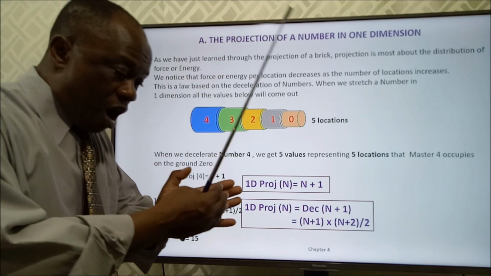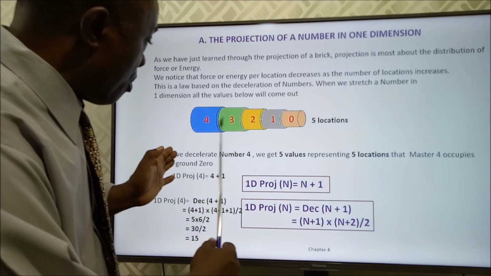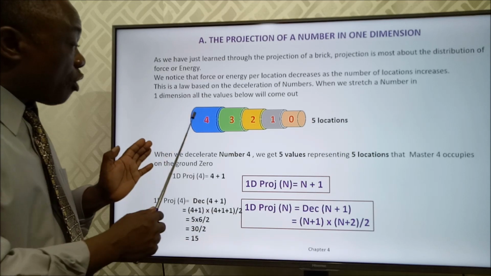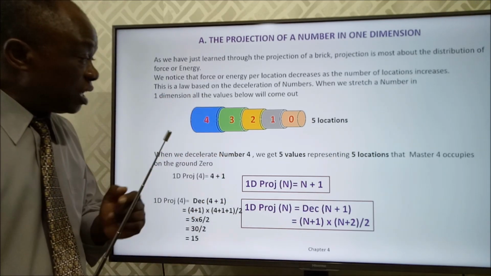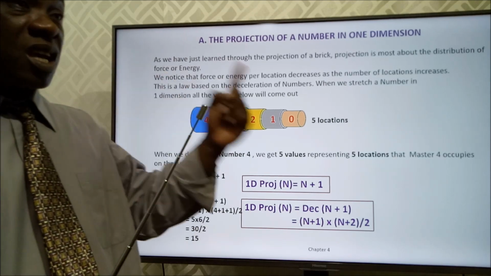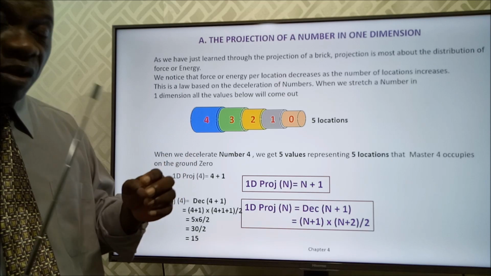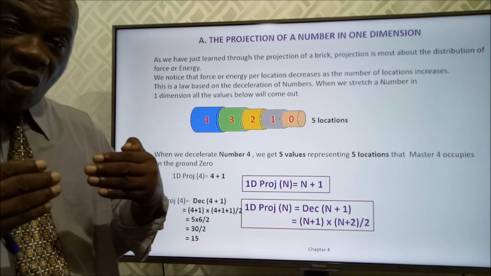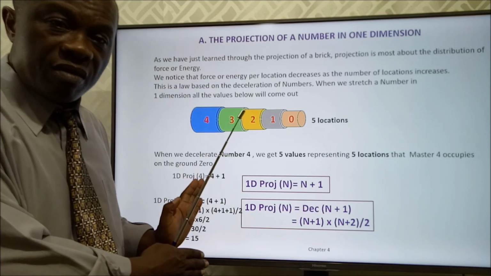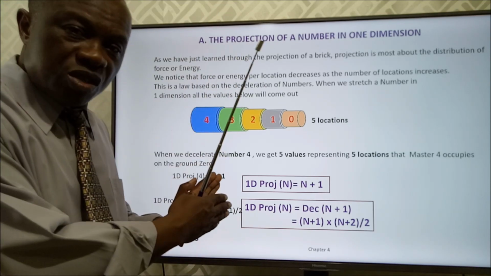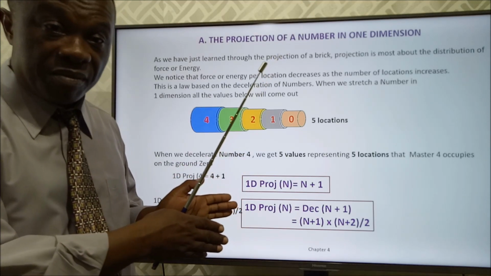Then how many steps can number 4 go? Number 4 can only go 4 steps. We saw already that to decelerate or accelerate a number, even expand a number, we do it only according to the number itself. So as many times as the number itself, that's what I mean.